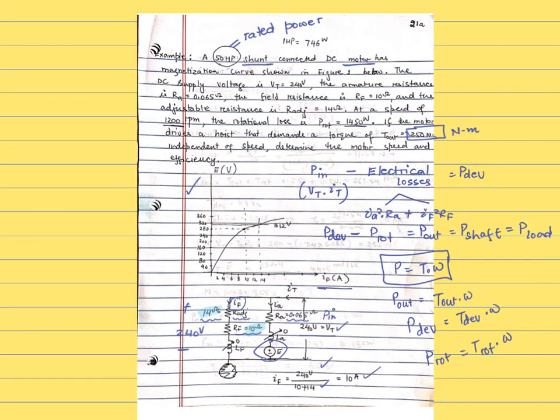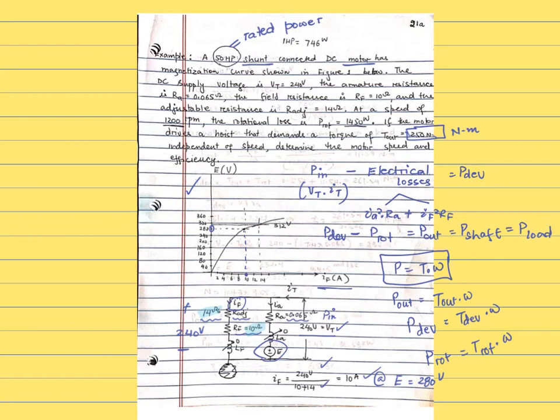Then we go to the graph. We say that's 10 amperes IF, and we go to the curve, and the voltage is 280. So the internally induced voltage at the armature is 280 volts.